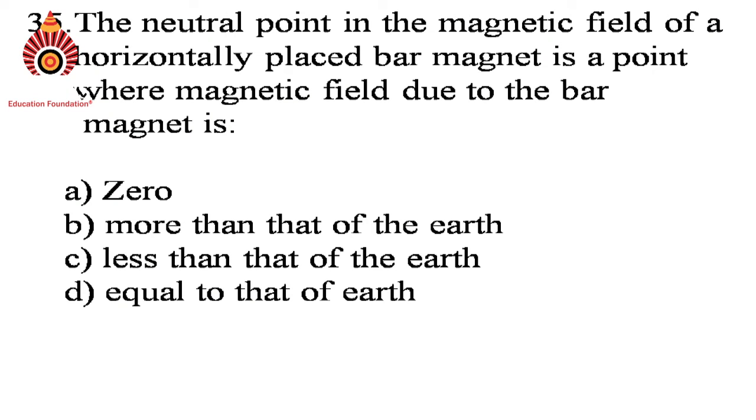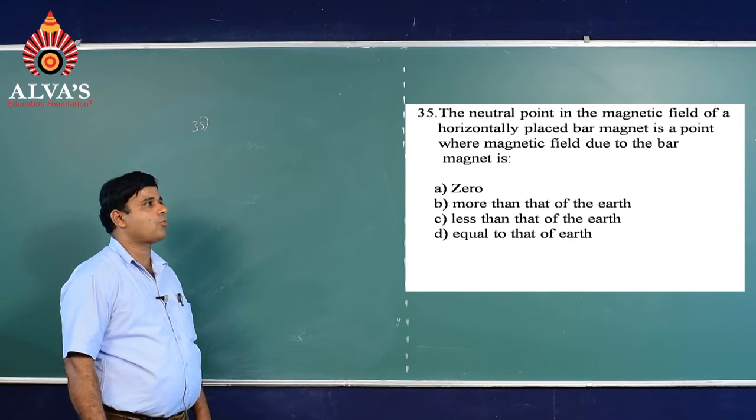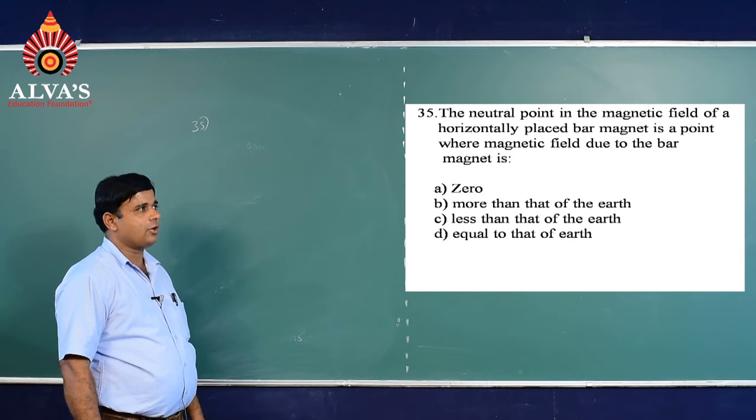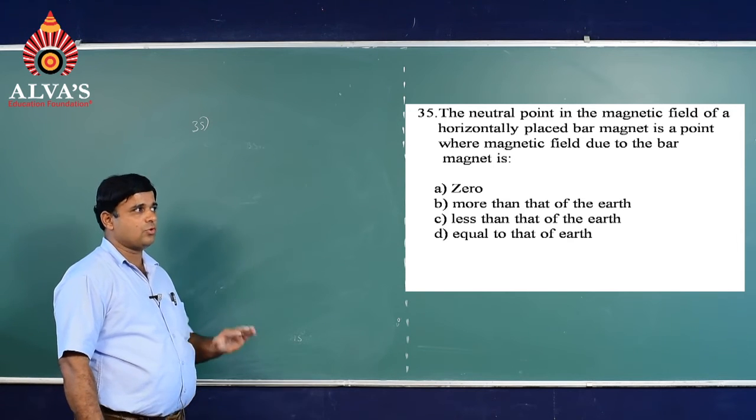The neutral point in the magnetic field of a horizontally placed bar magnet is a point where the magnetic field due to the bar magnet is. A point is said to be a neutral point where the net magnetic field at the point is 0. There is a magnetic field due to the bar magnet.